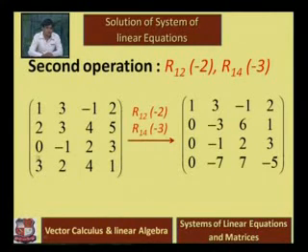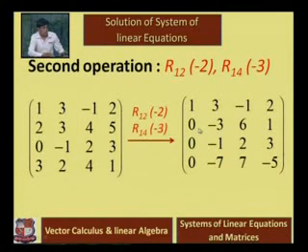So to reduce these entries to 0, we take the operation R12 with minus 2, that means add the first row to the second multiplied by minus 2, and simultaneously take another operation R14 with minus 3, that means multiply the first row by minus 3 and add it to the fourth row. So the resultant matrix is given in this matrix.